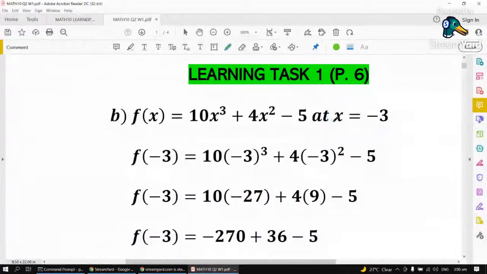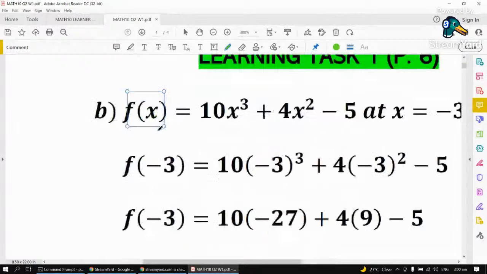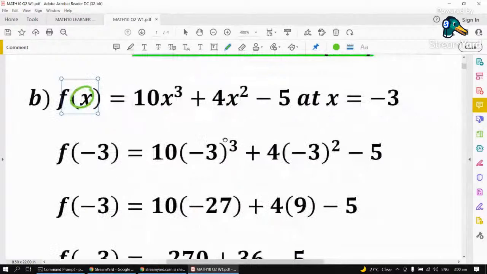So, ang gagawin lang natin, kagaya na ginawa natin sa letter A, lahat ng x, papalitan natin ng negative 3. Okay, so lahat ng x, gagawin natin negative 3. Itong x ito, gagawin natin negative 3.